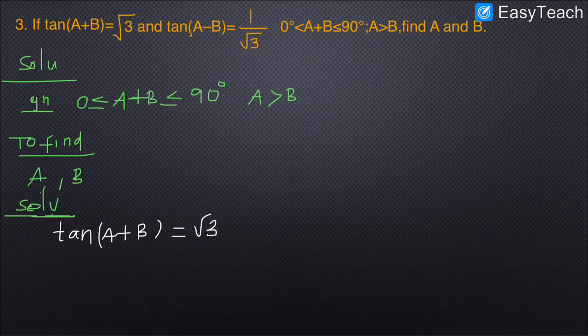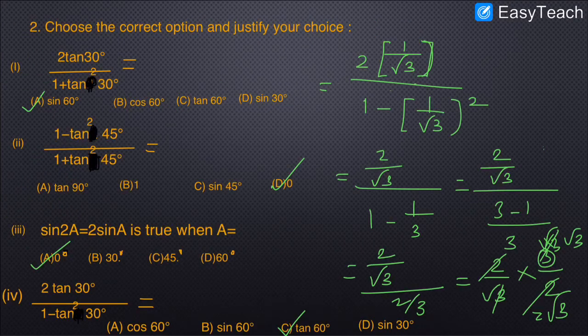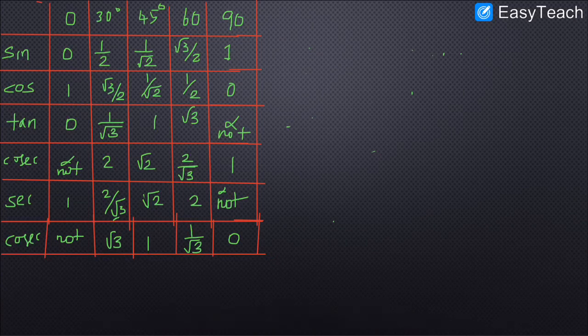So tan 60 is root 3, so I write tan 60. If you cancel the tan on both sides, we get a plus b equals 60. Let me assume this as the first equation.